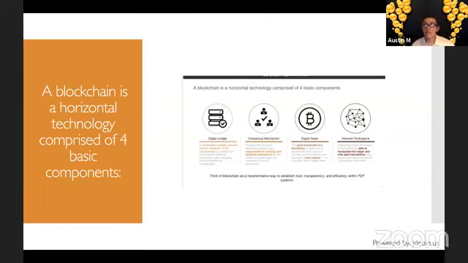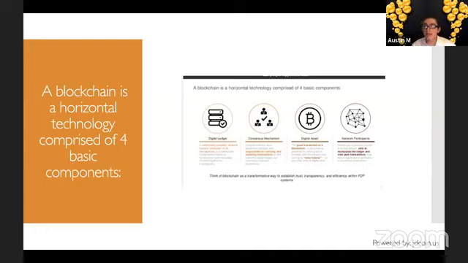Then we have the consensus mechanism, which we discussed earlier, but it is programmed into each blockchain protocol and is responsible for verifying, authenticating, and updating the transactions on the network's digital ledger. It's not necessary, though, in private blockchains, as they're not public, whereas with public transactions, you want a consensus mechanism.